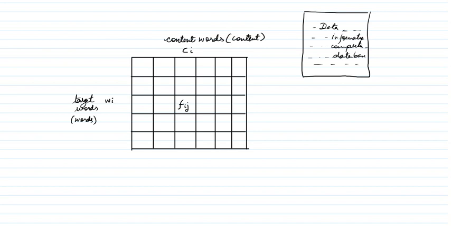We have these words appearing at many places in the corpus. This is data, and again somewhere information. So what we do is define a window of context words.